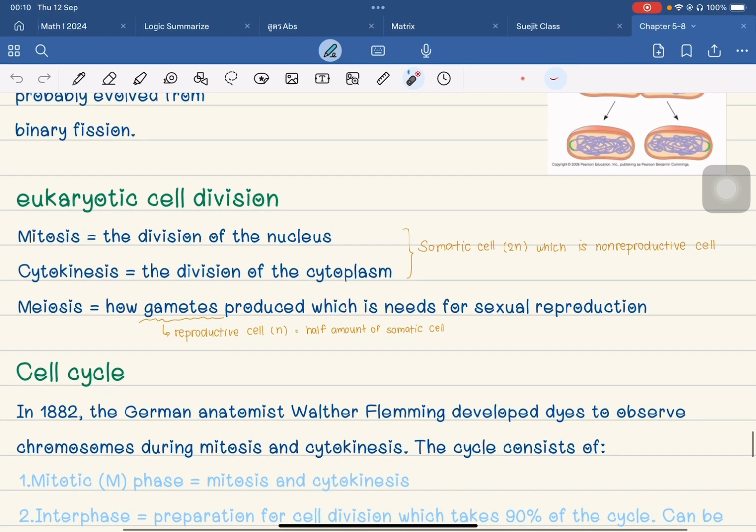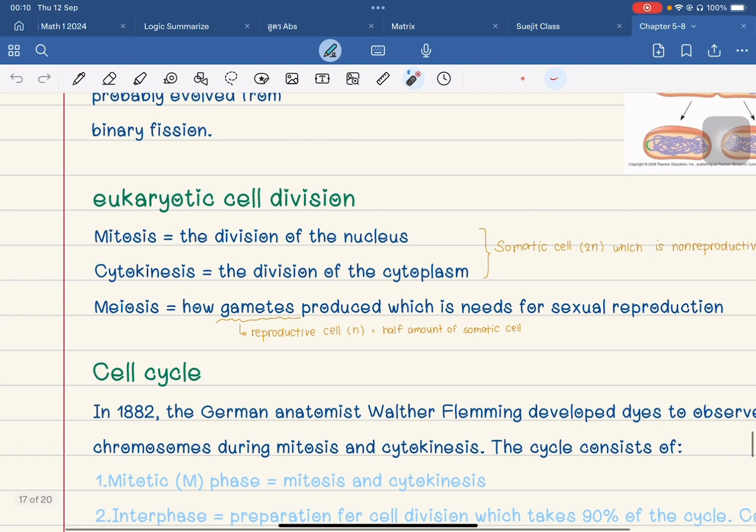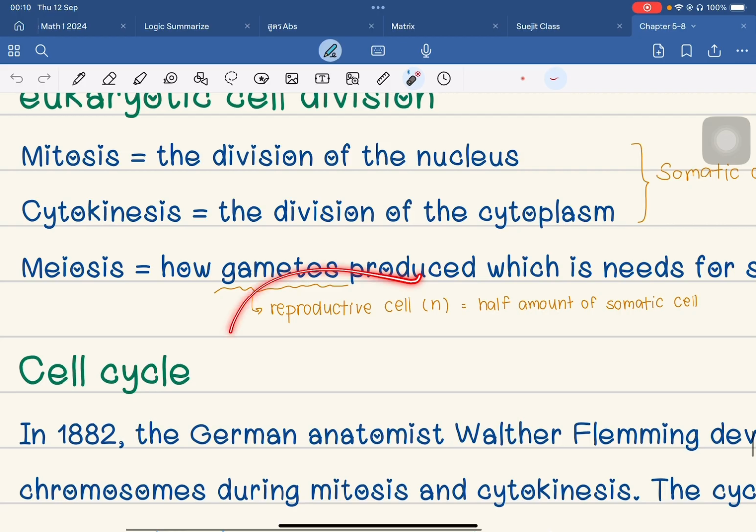Mitosis happens with non-reproductive cells, or somatic cells. But meiosis is how gametes are produced, which is needed for sexual reproduction, using the reproductive cells.